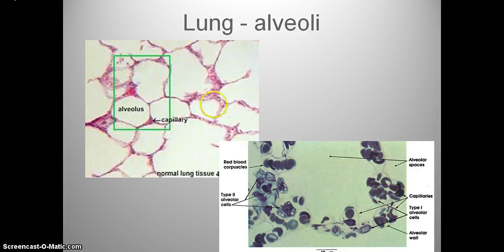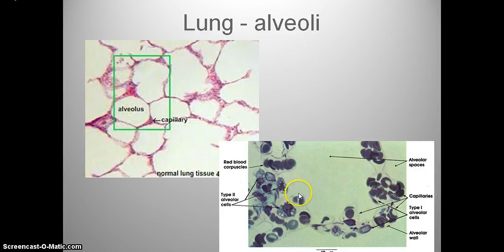Lung alveoli. Notice this is an alveolus, and a capillary, right? We need blood to take up oxygen and distribute oxygen to the other cells in the body, and bring in carbon dioxide, which diffuses to the alveolus and eventually goes into the bronchi tube.